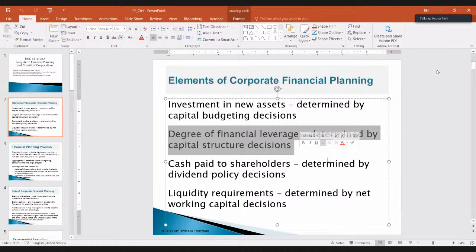One source is retained earnings: hopefully a significant amount of Target's net income will be reinvested for next year's projects.